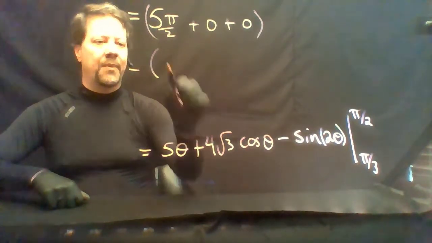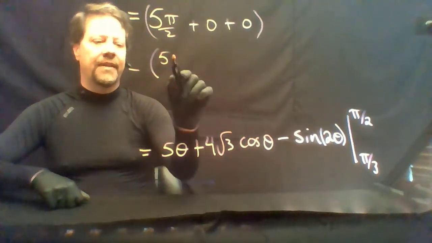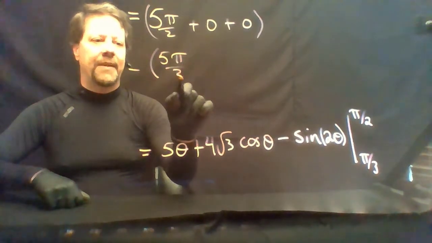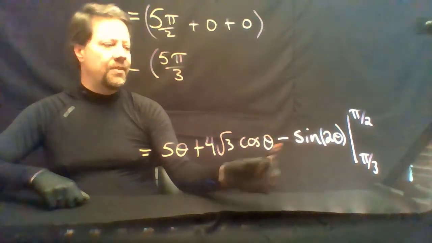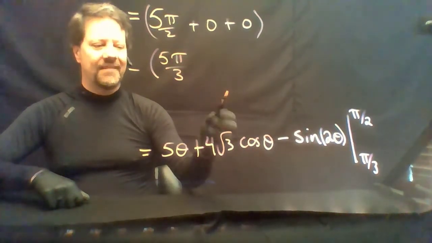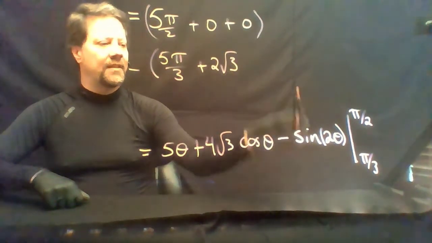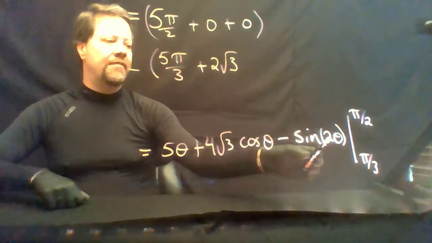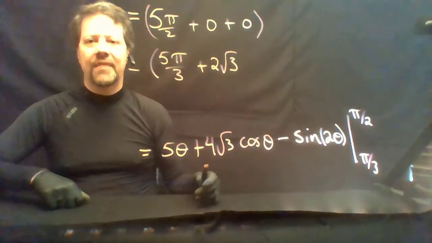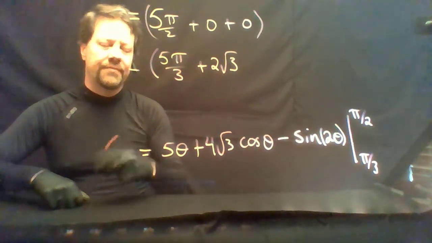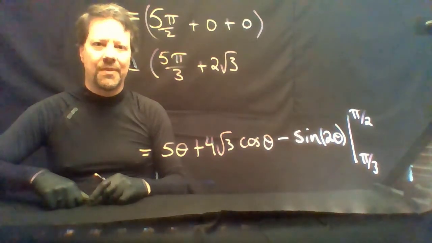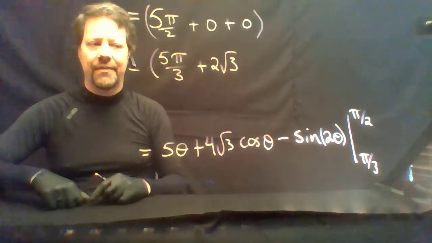We'll subtract what we get when we plug in pi over 3. That's 5 pi over 3. The cosine of pi over 3 is 1/2. The sine of 2 pi over 3, 2 pi over 3 is in quadrant 2. Sine is positive in quadrant 2, the reference angle being pi over 3.